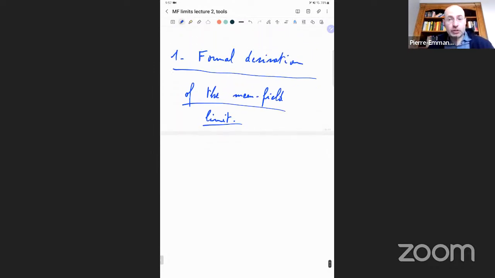Now, the formal derivation of the first mean field limit is actually super recent, even at the formal level.